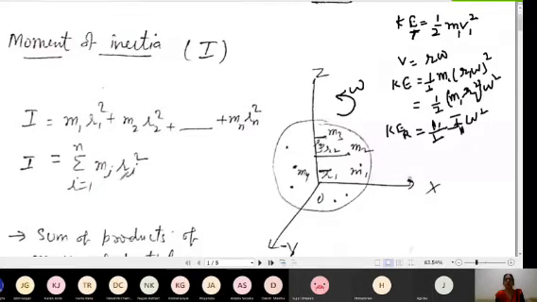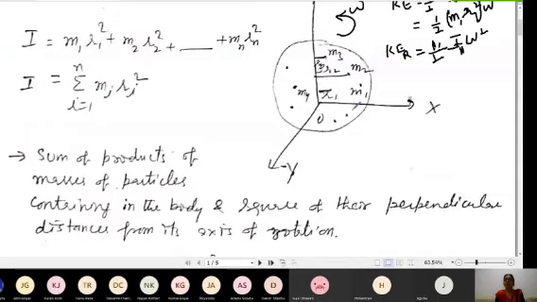So the moment of inertia is defined as the sum of the products of the masses of the particles contained in the body and the squares of their perpendicular distances from its axis of rotation. This definition we get simply by comparing the kinetic energies of translational and rotational motion, because we know the relation v equals r omega.